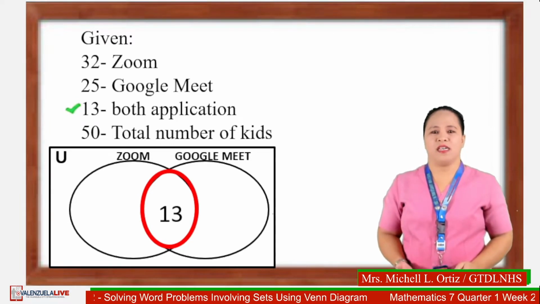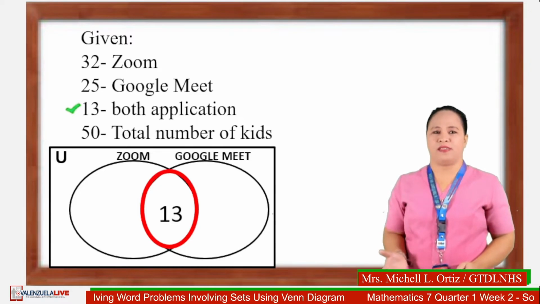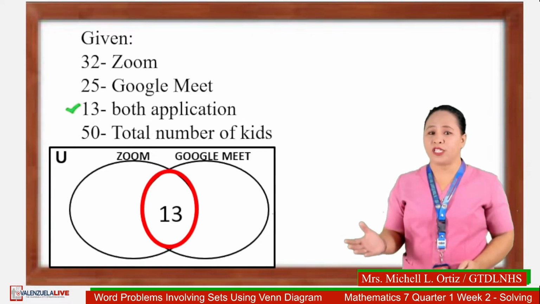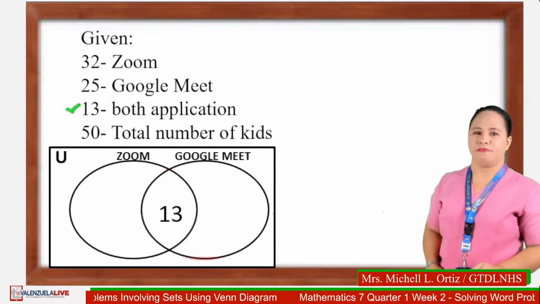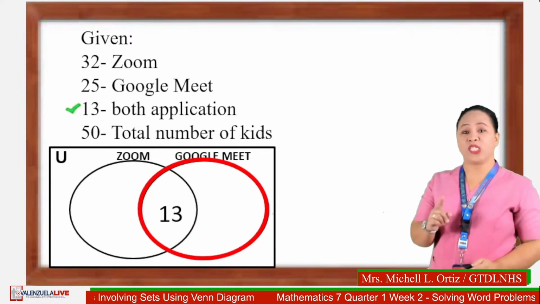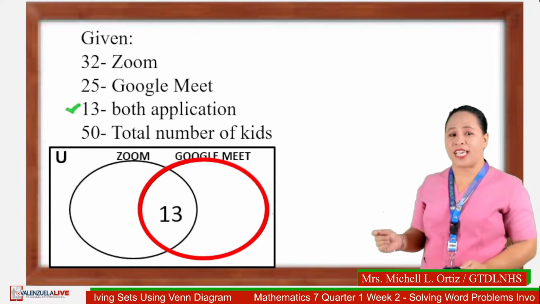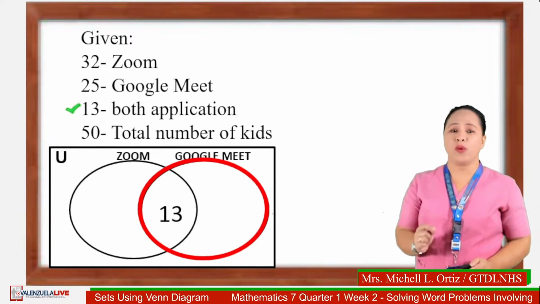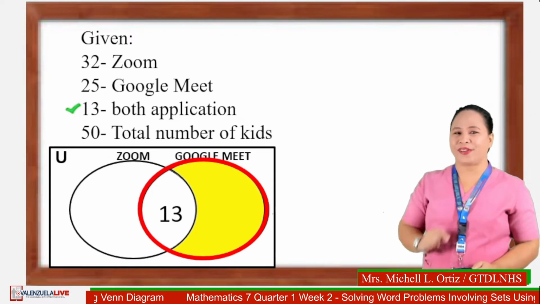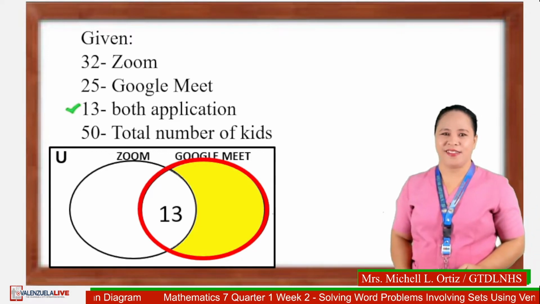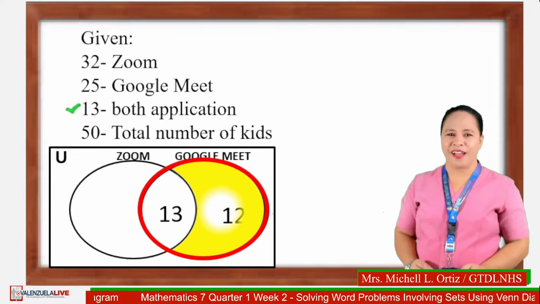Next, 25 used Google Meet. Google Meet refers to this region. But since we have already 13 in the intersection, that means we're just going to fill in this one. And its cardinality is 12.